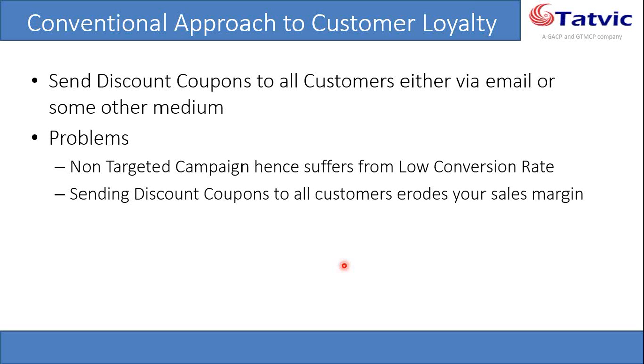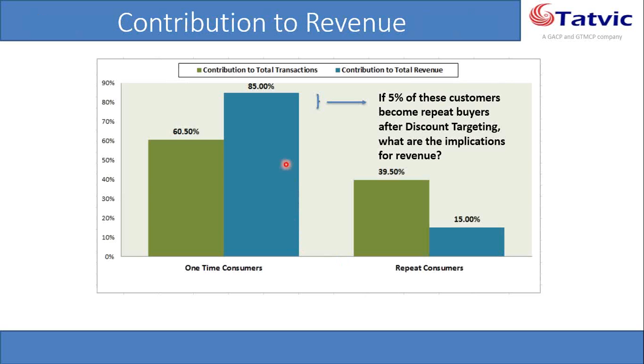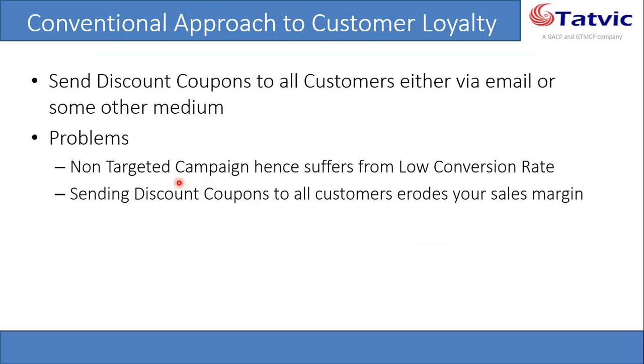Now, the downside of sending out discount coupons to all these one-time customers is that since this discount campaign is non-targeted, it might actually suffer from a low conversion rate.